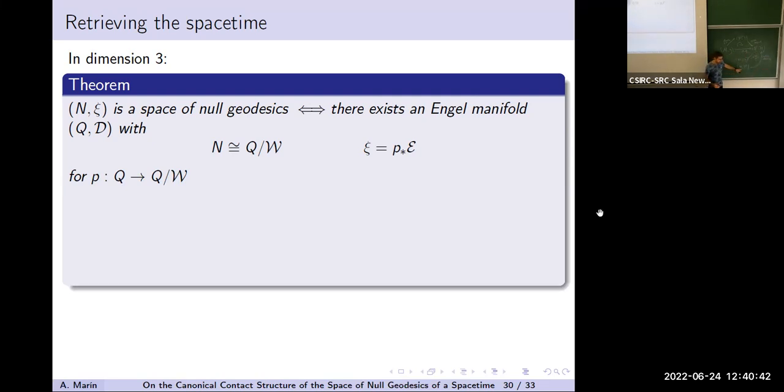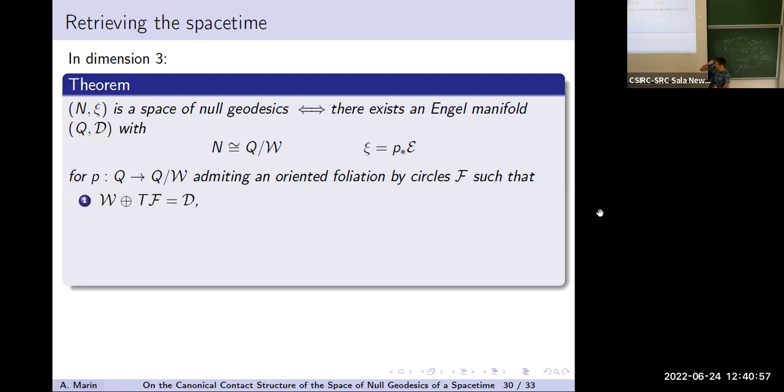And I now need some data in order to run the program. And the data is going to be given by a foliation. So I'm going to ask that in here there's an oriented foliation by circles that satisfies three things.